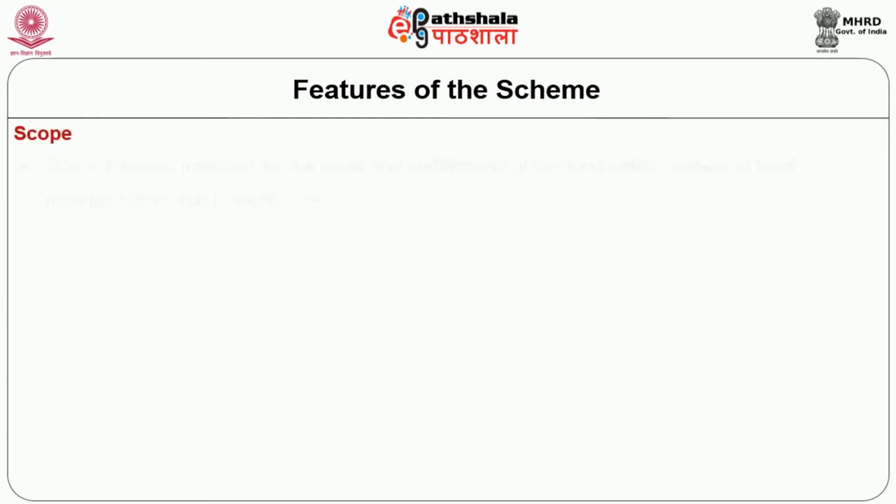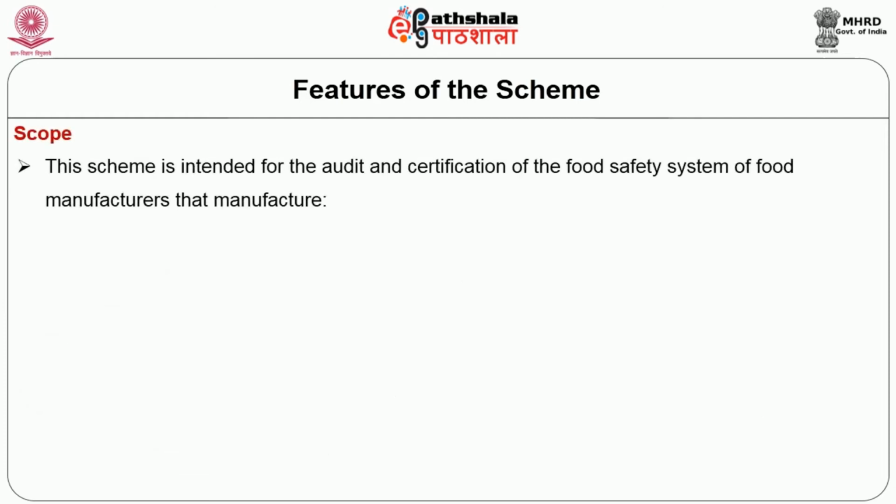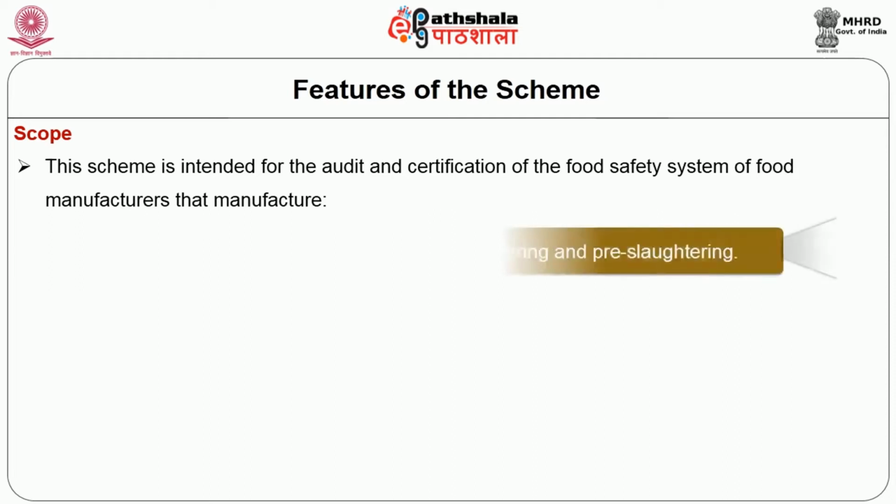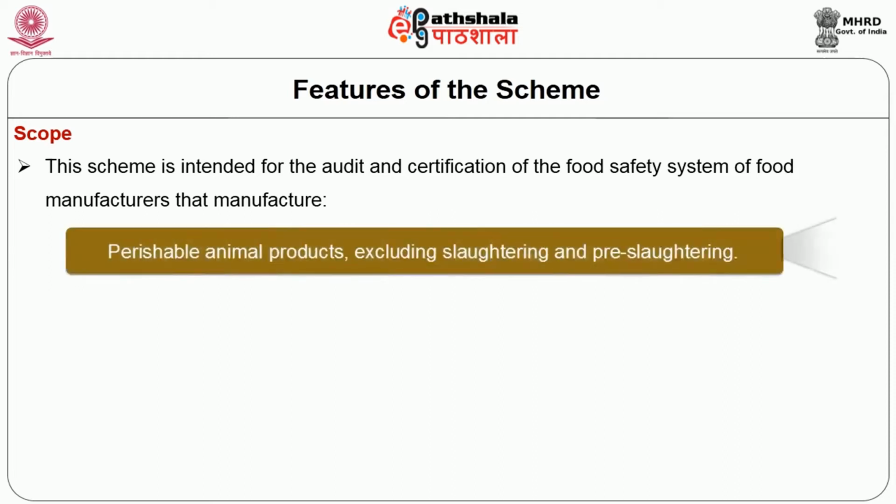So coming to the scope, this scheme is intended for the audit and certification of the food safety system of food manufacturers who manufacture: number 1, perishable animal products excluding slaughtering and pre-slaughtering, which includes meat, poultry, eggs, dairy and fish products.